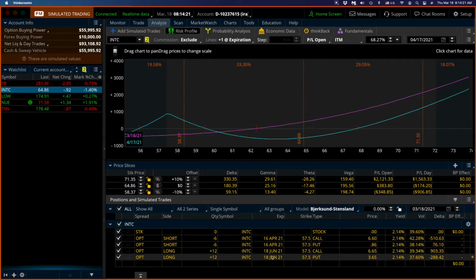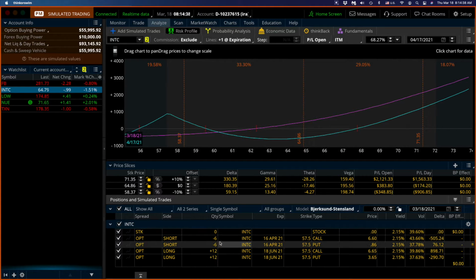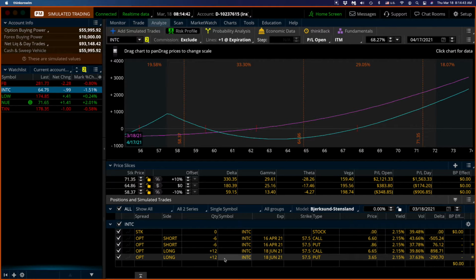To do that, all I have to do is either roll up my outstanding calls or simply sell one or two or whatever. In this case, you can see that we have 6 outstanding calls. That is 12 long calls minus 6 short calls. That makes 6 outstanding calls. That's what I mean by that.